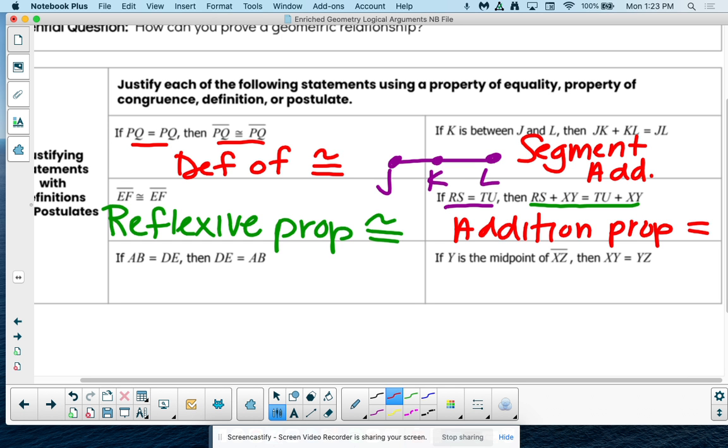If AB equals DE, then DE equals AB. What happened there? Flip flop. Which one's that? That's the symmetric. Symmetric. You just flip flop.